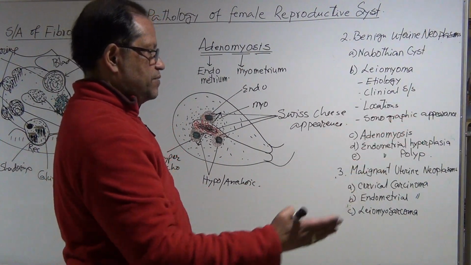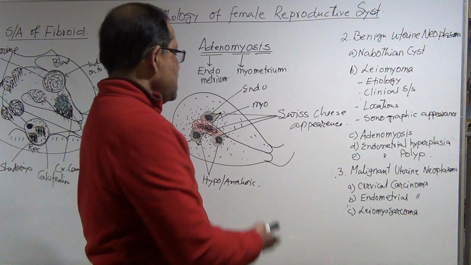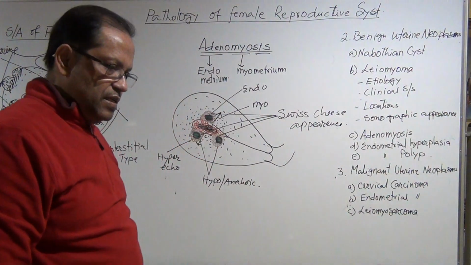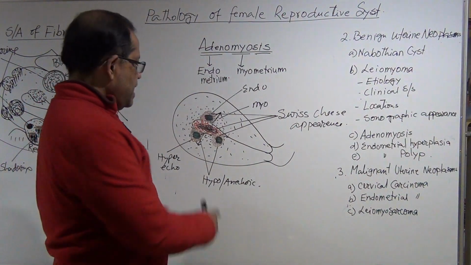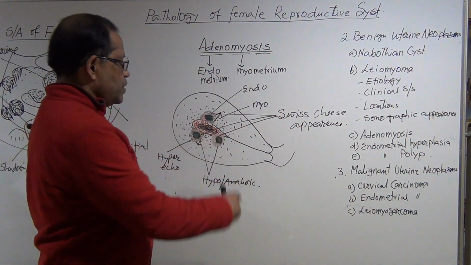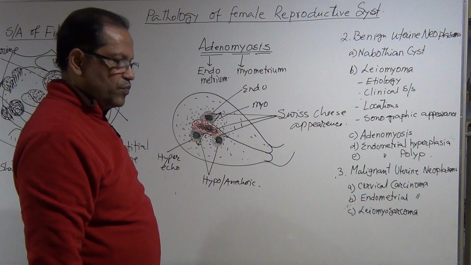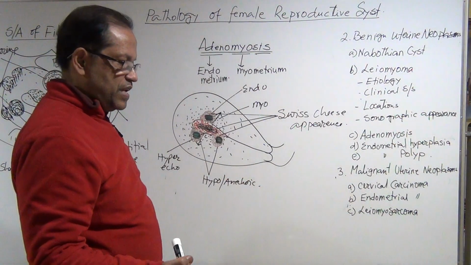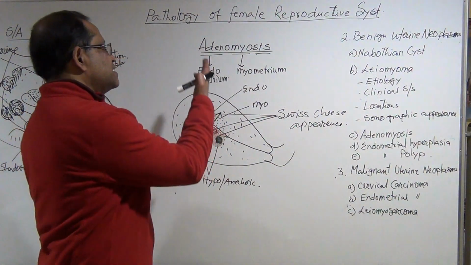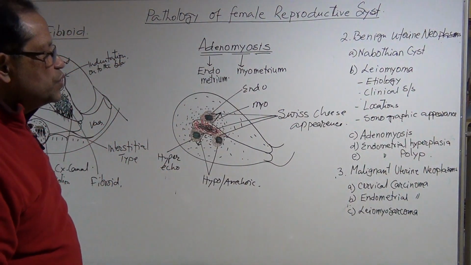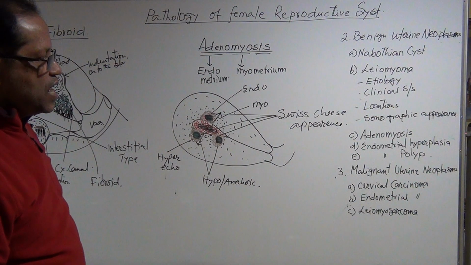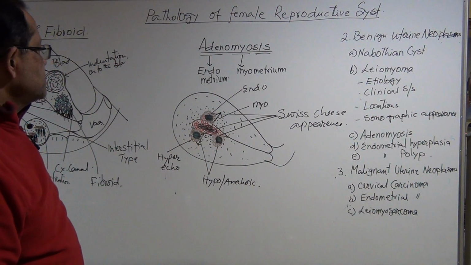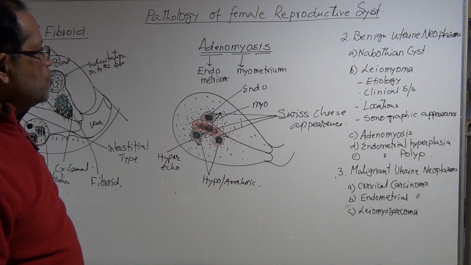Now doctor will give the advice for ultrasonography, and you are doing ultrasonography and you found hypoechoic area followed by hyperechoic area, and it gives the Swiss cheese appearance. So this is the key word for this disease diagnosis, Swiss cheese appearance. Okay, so this is your adenomyosis.